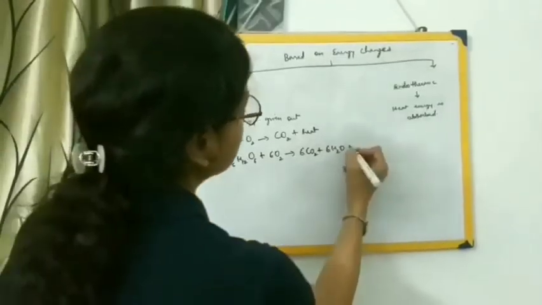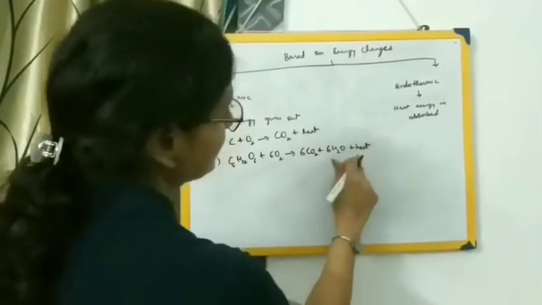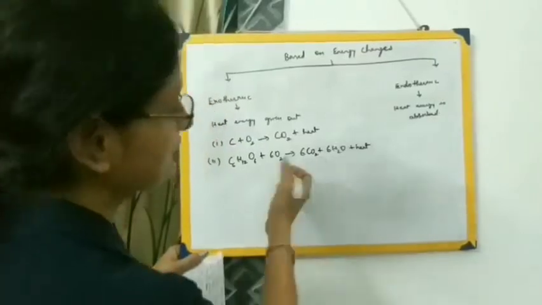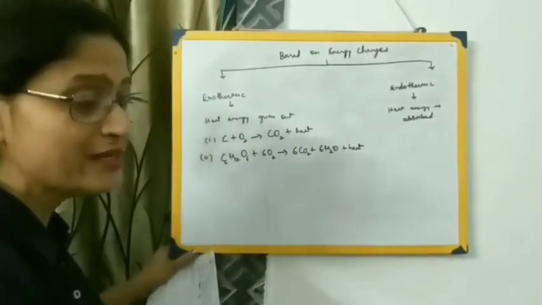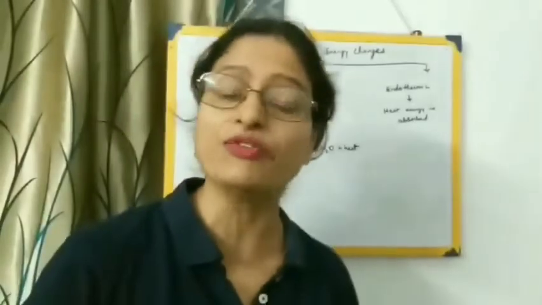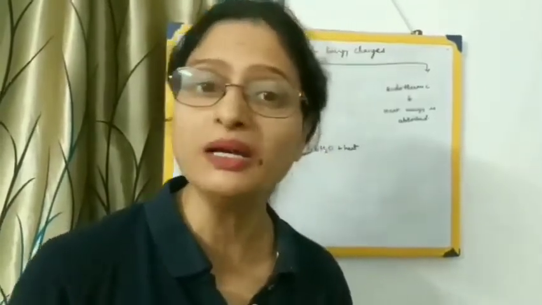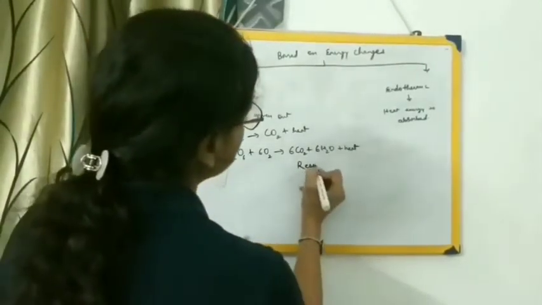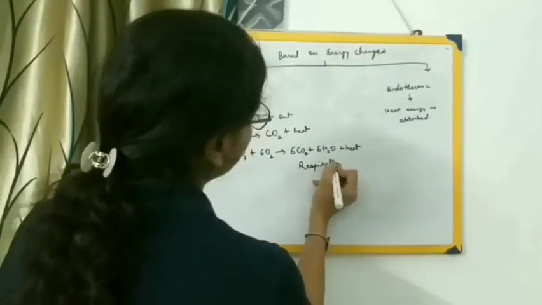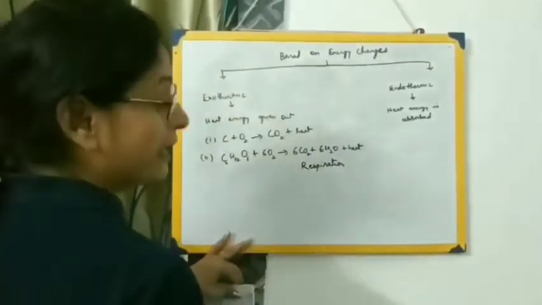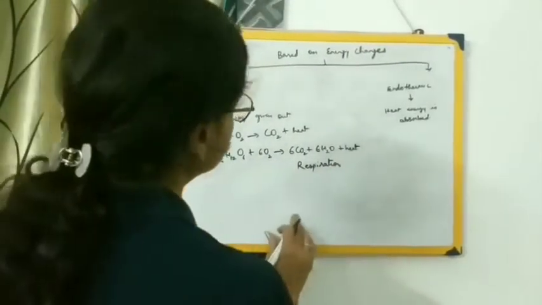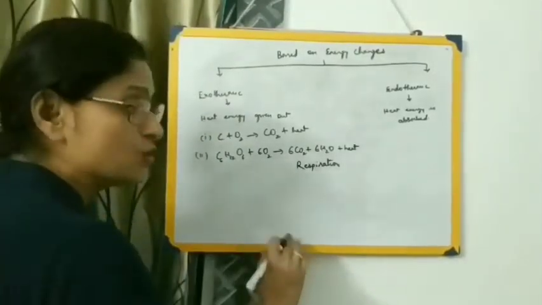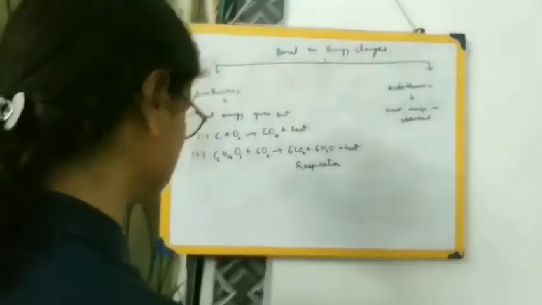In this process heat energy is released, and we utilize it for performing our day-to-day activities, whether playing or studying. For everything we require energy. So this is how we get this energy, and what do we call this whole process? Respiration. So what kind of reaction is respiration? Respiration is an exothermic reaction, because the heat energy released in the reaction is utilized by us in various processes.